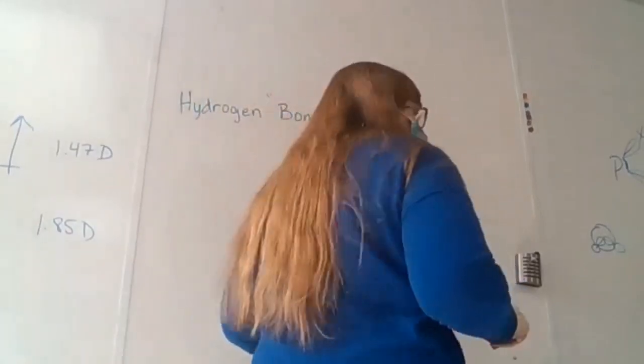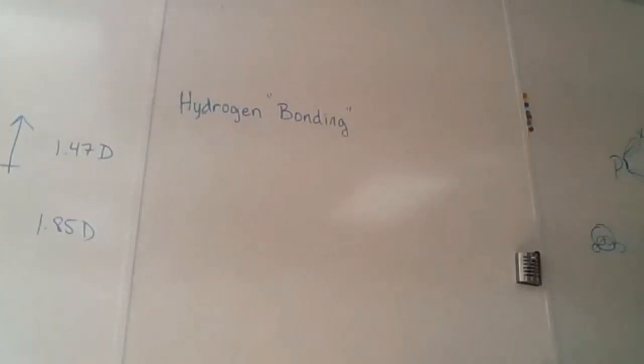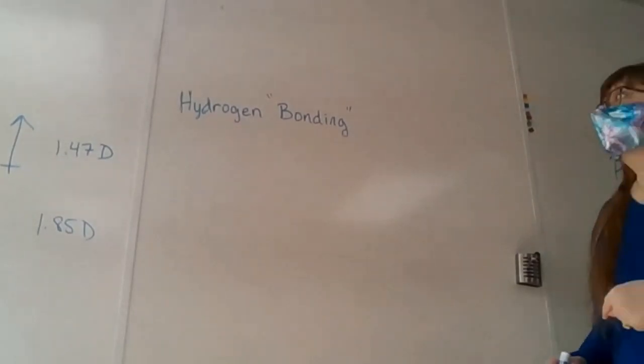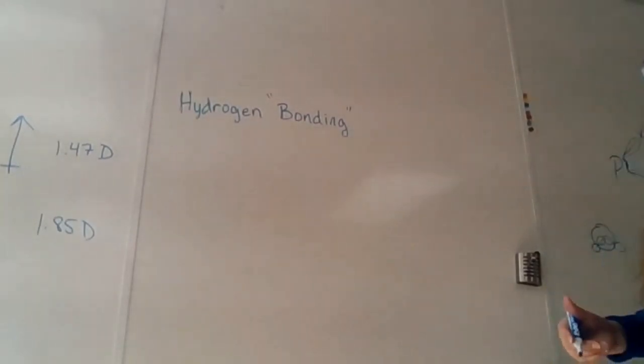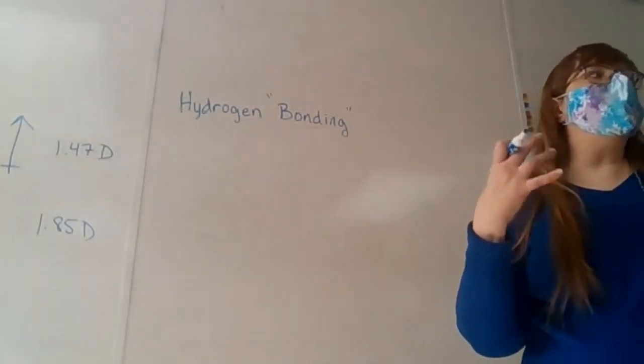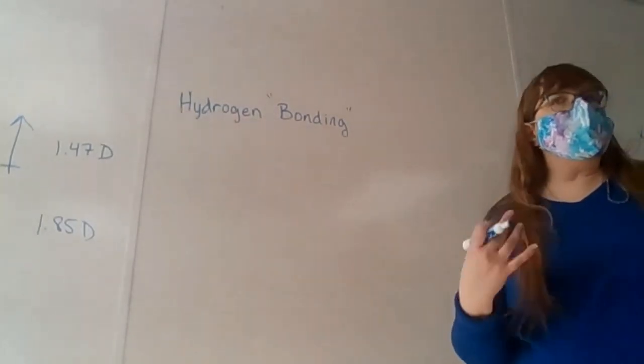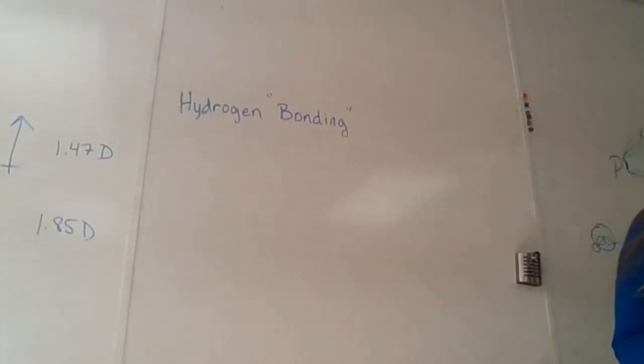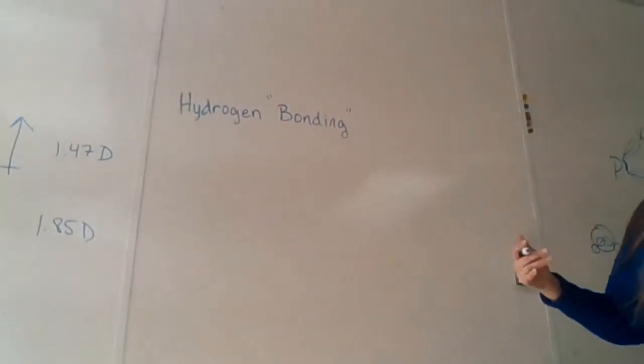And I'm going to put bonding in quotes because is this a covalent bond? Not really. It's an intermolecular force. So when we think of covalent bonding, that's intramolecular, it's happening inside of the molecule. The intermolecular forces are happening from one molecule to the next.